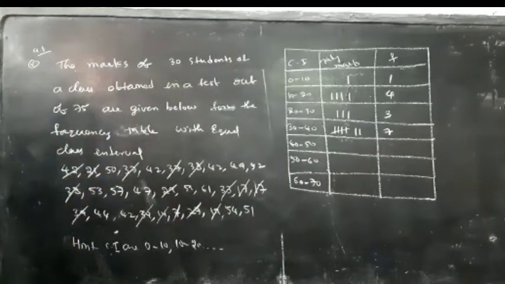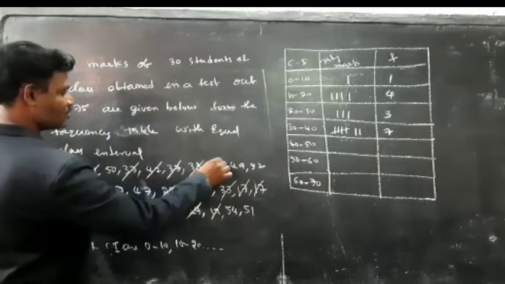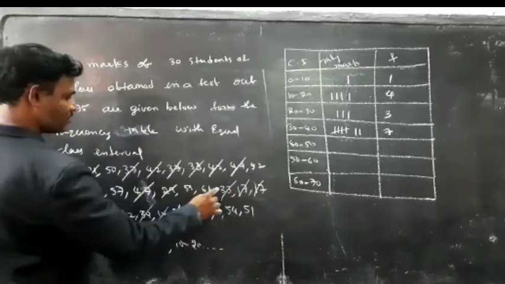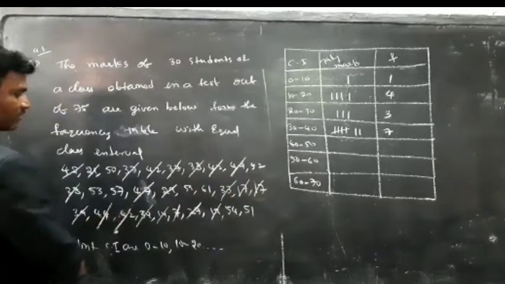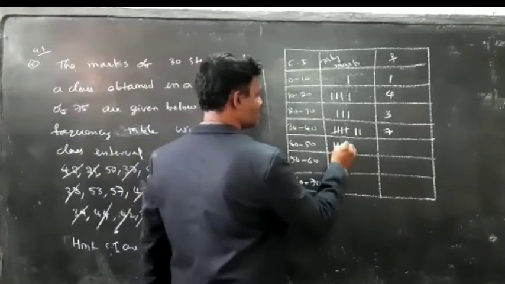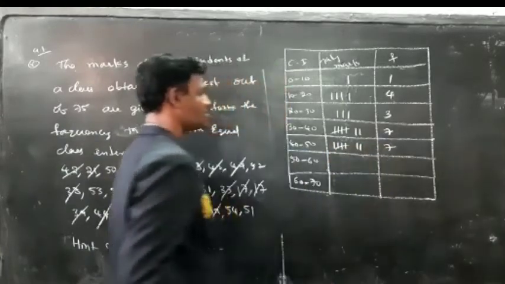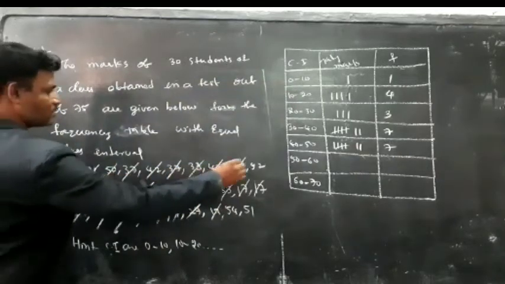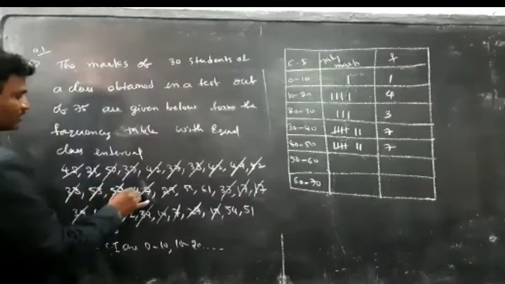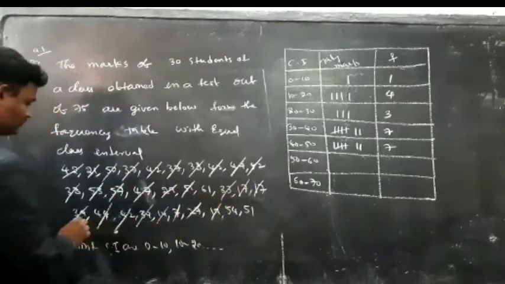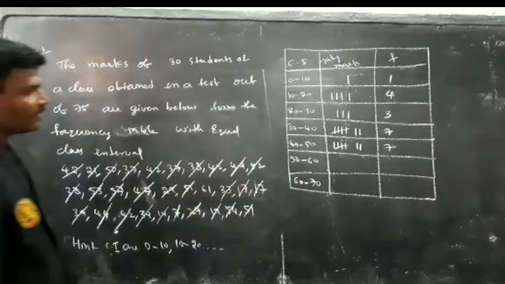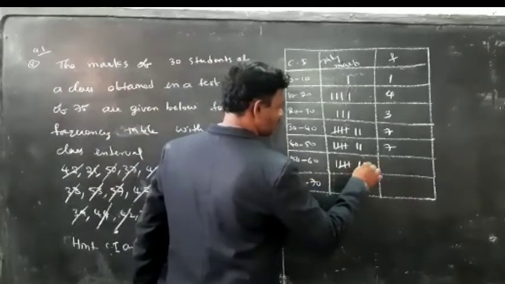Next, 40 to 50: 1, 2, 3, 4, 5, 6, 7. There are 7 students. Next, 50 to 60: 1, 2, 3, 4, 5, 6, 7. 7 students.